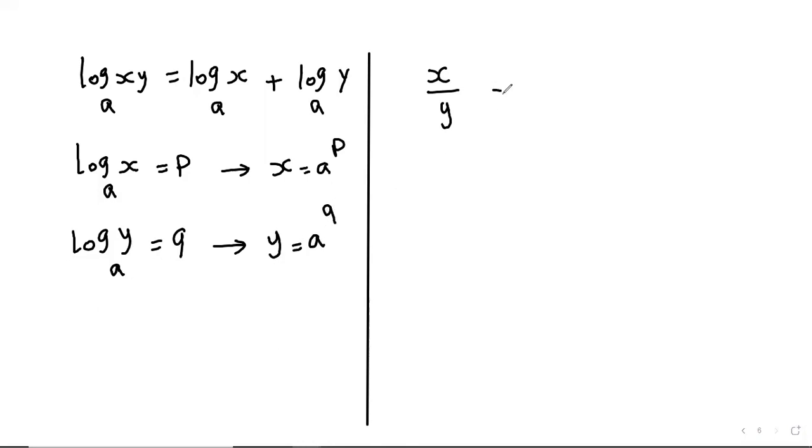So let's divide them, x divided by y. So x divided by y is going to be a raised to the power of b divided by a raised to the power of q. So x divided by y equals a, and we subtract powers: b minus q.